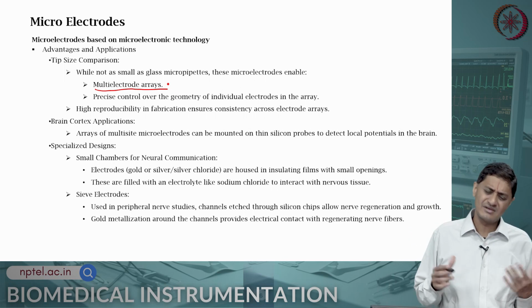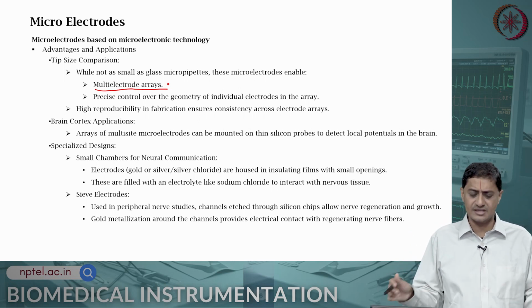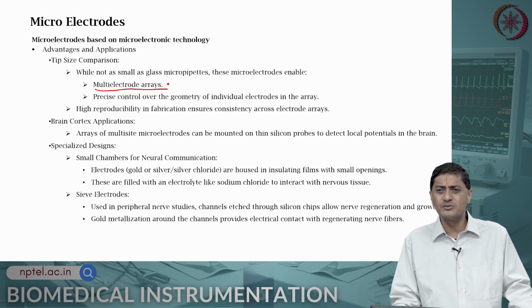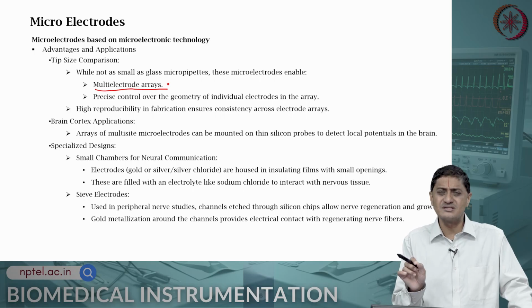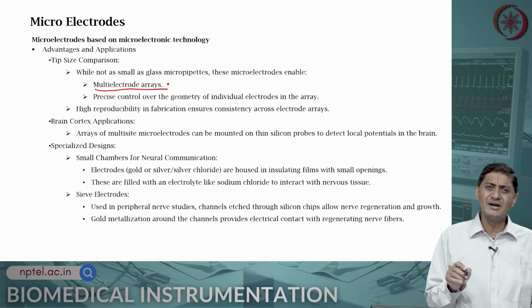So, in live behaving animals, or live behaving humans, for example, arrays of multi-site electrodes can be mounted on these thin silicon probes to detect local potentials, not necessarily from individual neurons, but from multiple sites.